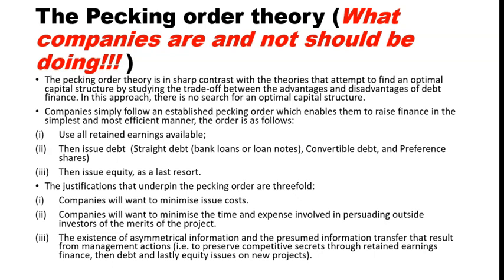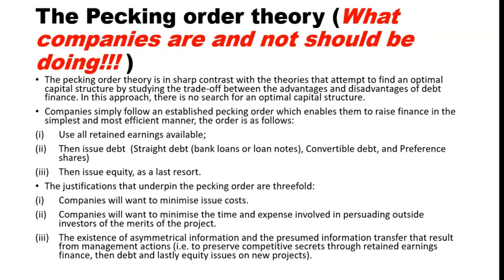Okay, lastly, let's talk of the pecking order theory. This theory simply tells us what is obtaining on the ground. It tells us what companies are doing and not what they should be doing.